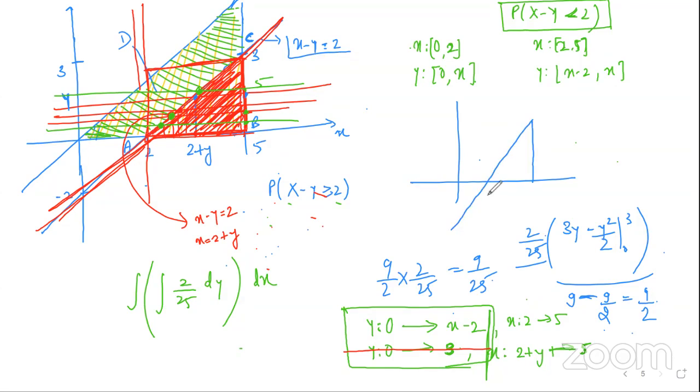This is A, B, and C. So this is the probability that we're trying to find. Now, my question was, if we want to integrate first with respect to y.